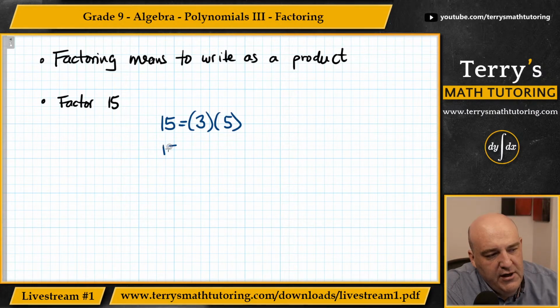Now, of course, I could write 15 as 1 times 15, but that's kind of not interesting because it's too simple. Obviously, any number is 1 times itself. More interesting is this one I wrote up here, 3 times 5, because it's breaking it down into smaller things. So we're going to be doing the same thing, but not with numbers, with polynomials.